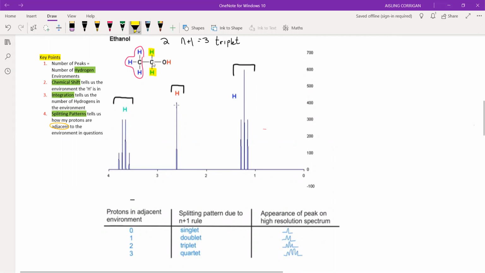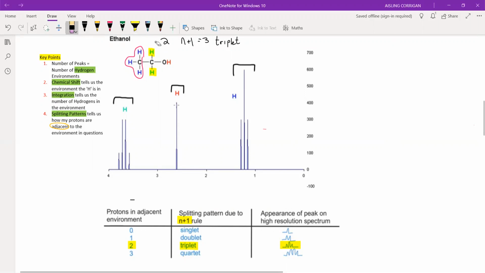So again, there were 2 protons, the n+1 rule, so 2 + 1 is 3. We call it a triplet. And here's just another appearance of the peak. We see that there's 3 splits, 1, 2, 3 splits.